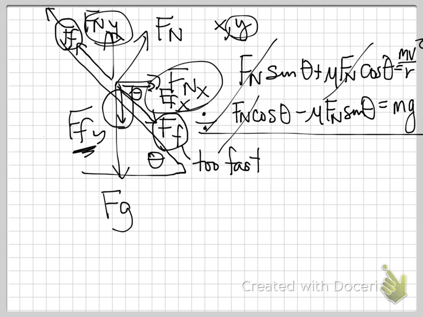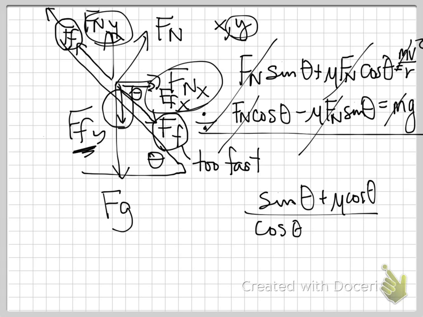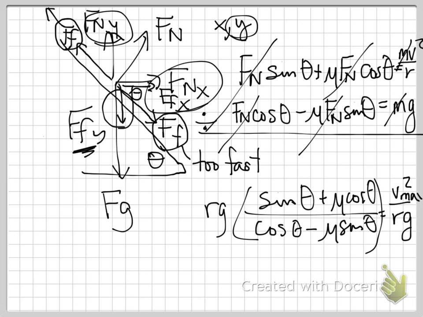All the Fn's go, the m's go, and you get sine theta plus mu cos theta divided by cos theta minus mu sine theta equals v squared over rg. Now this v is going to be v max, and you can solve for it. You're going to bring rg over to this side, so it's not there anymore, and then you're going to square root the whole thing, and that'll get rid of that.